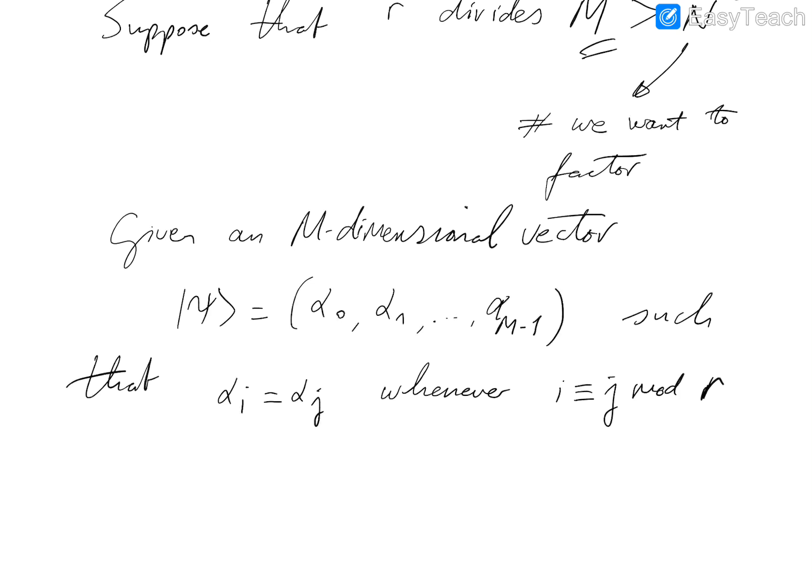The quantum Fourier transform maps this input vector to another superposition state of the same length, except with period m over r.